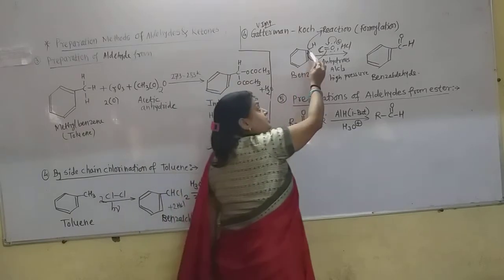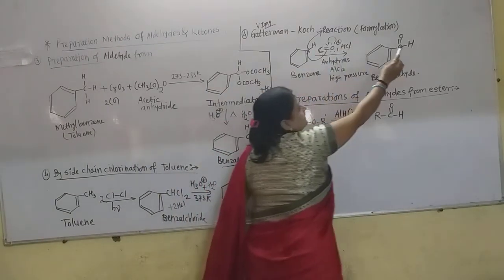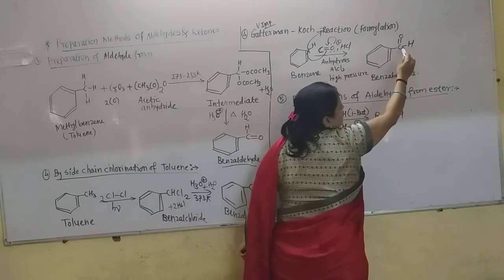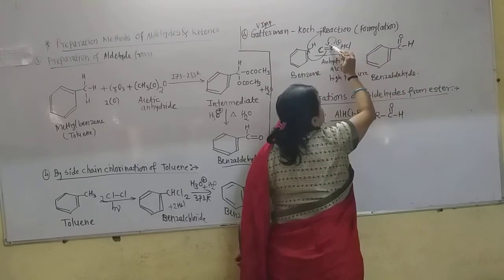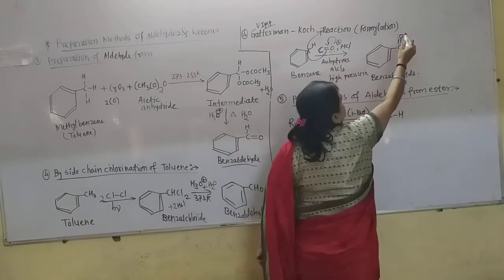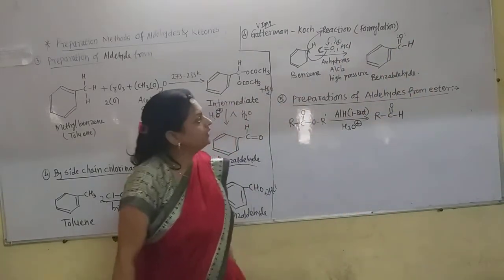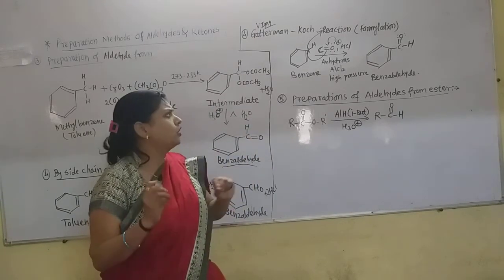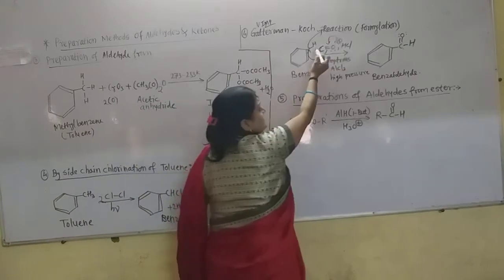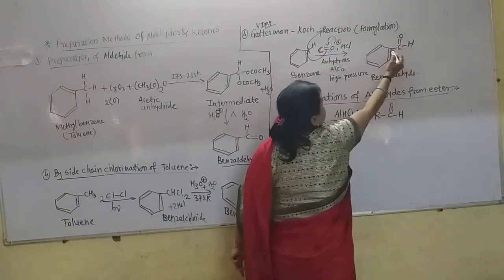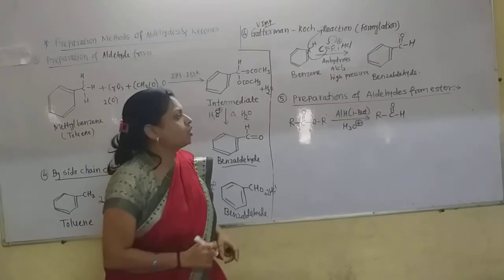Then the H minus attacks this carbon, and at the same time the lone pairs come back on that oxygen, so the lone pairs of oxygen are restored. This is very important. Only remember that this H and this CO form the C double bond OH, and this is the formation of benzaldehyde.